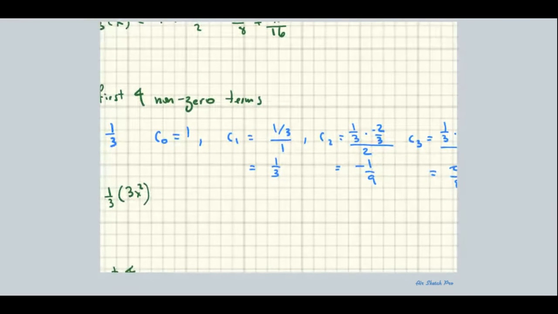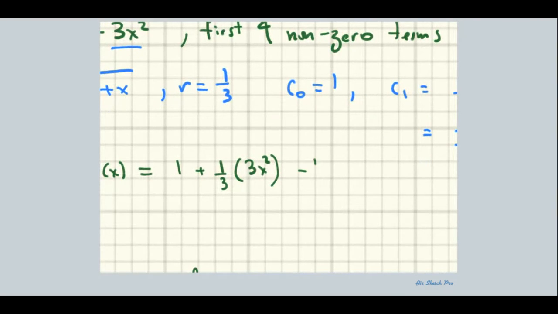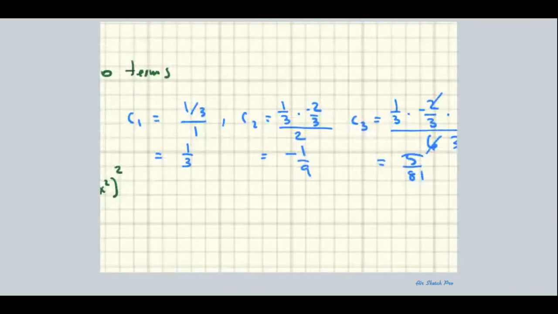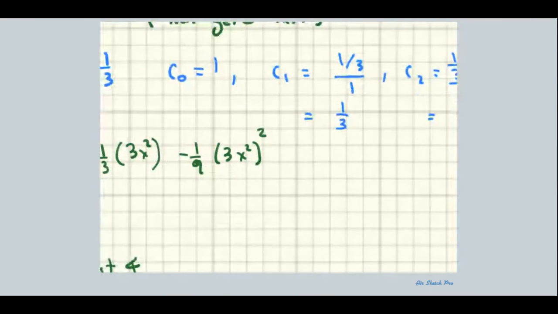Then I get negative 1/9 times 3x squared, squared. You see that happening? And then 5/81 times 3x squared, cubed.